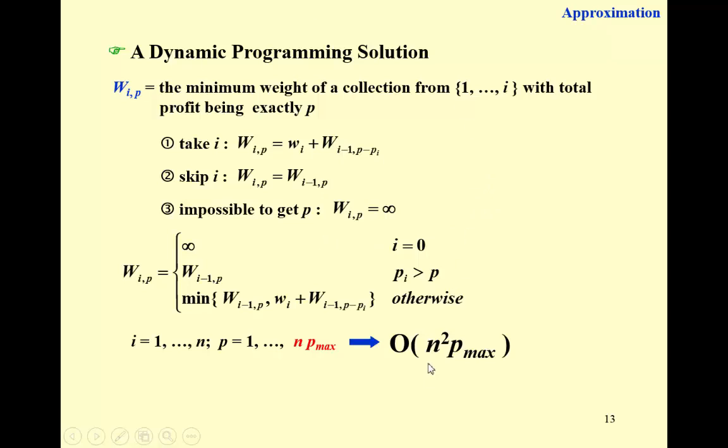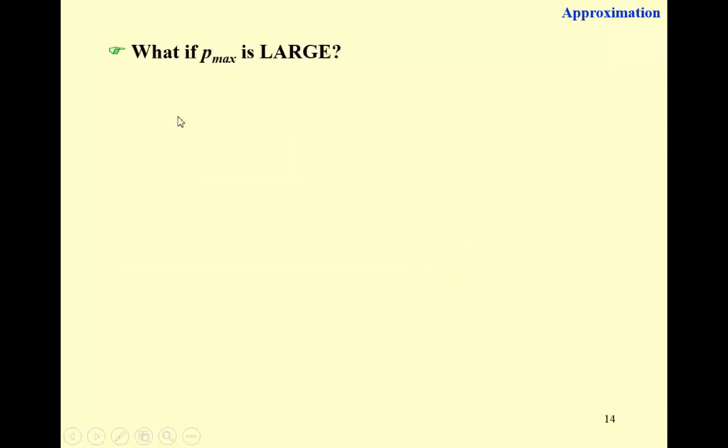On the other hand, if n is large and P max, or that capacity m, is small, we can indeed obtain an accurate solution by DP. So this is the case where we can solve some special case of NP-hard problems with an algorithm that is sufficiently fast. So although this is 2 to the power d, if d is small, it's no big deal, right? But what if P max is really large?